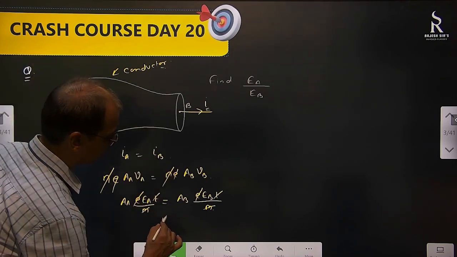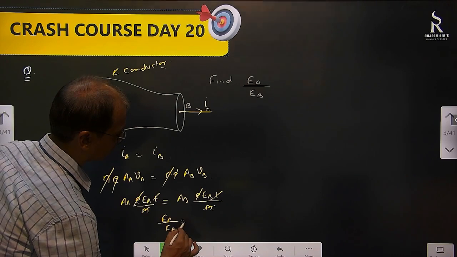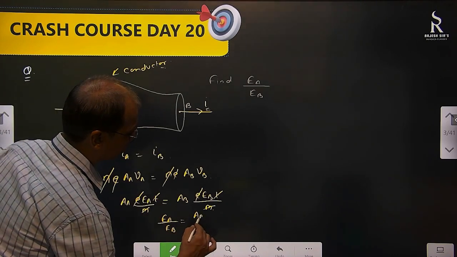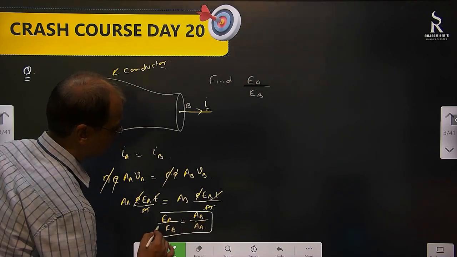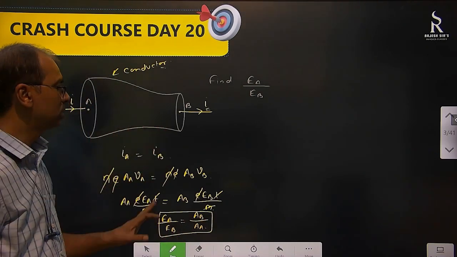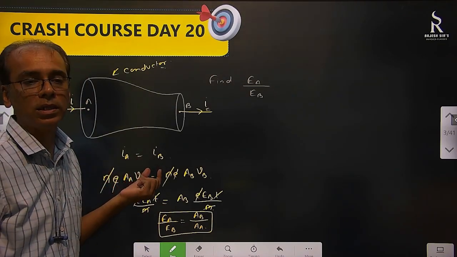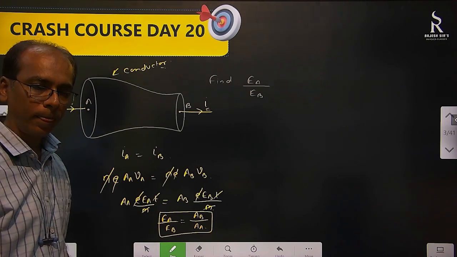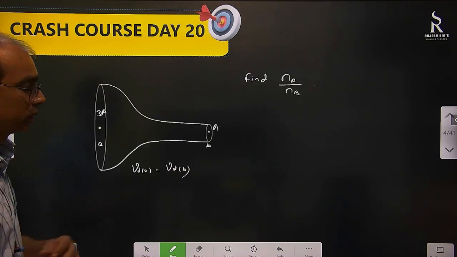E_A by E_B. So E_A by E_B is actually coming as area at B by area at A. This is our answer. So remember that if the same material is there, we can say that the number of electrons, or electron density, is the same. Alright. Again, one more question like that.